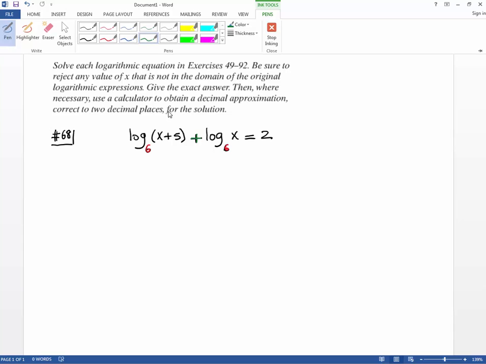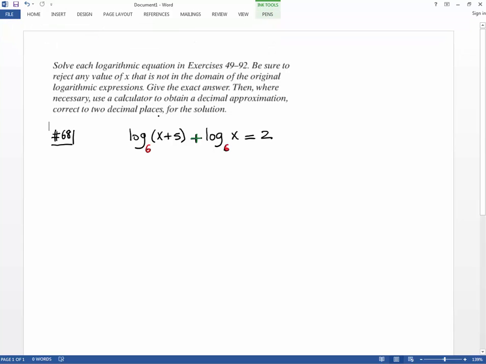On the left hand side, you will have log base b, in this case base 6, of m, being added to log base b of n. And we know that those two logs are going to combine as a single log, log base b of the product m times n.